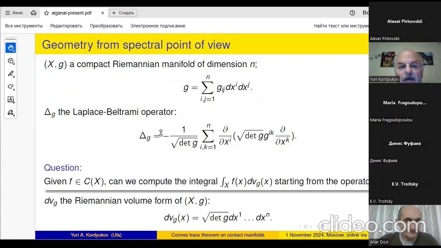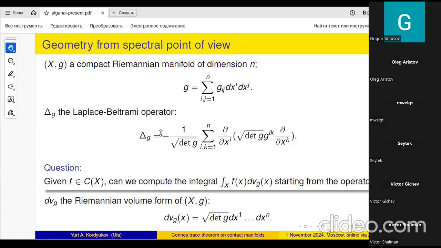And to do this, sometimes it's rather tricky, and I will just discuss one problem, the problem of integration in non-commutative geometry, and also the motivation for the definition of integration in non-commutative geometry.